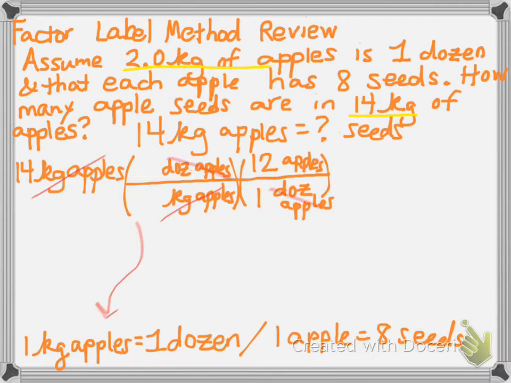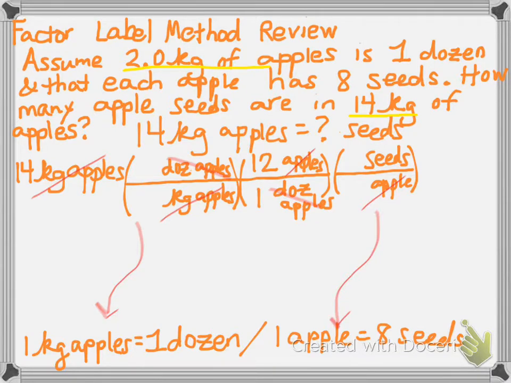So I'm in apples, and I need to convert apples to seeds, which is fortunate because I know something about that. I know something about an apple and how many seeds it contains. So apples and apples will cross out, and I'll be left with seeds. So again, that's going to use this information here.